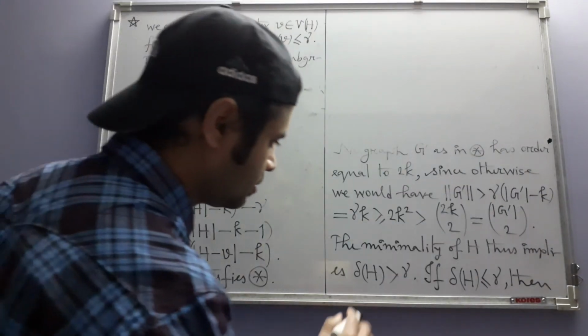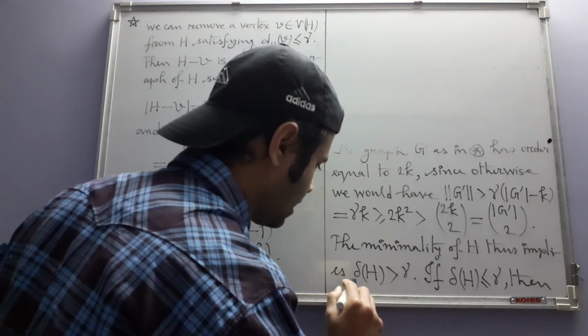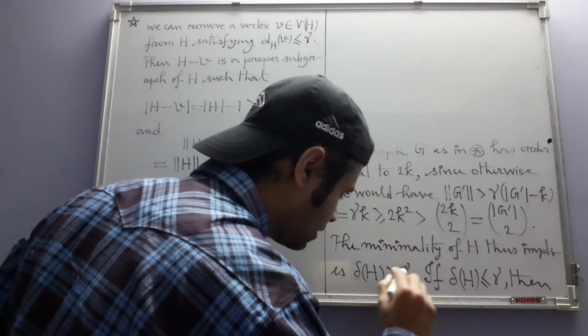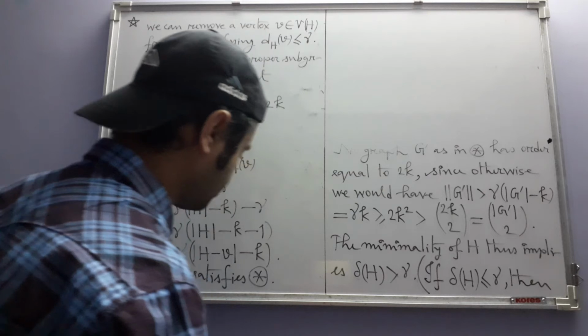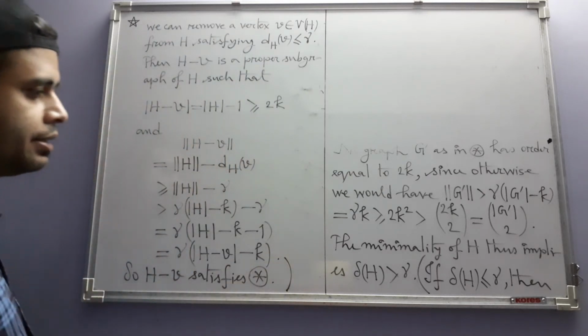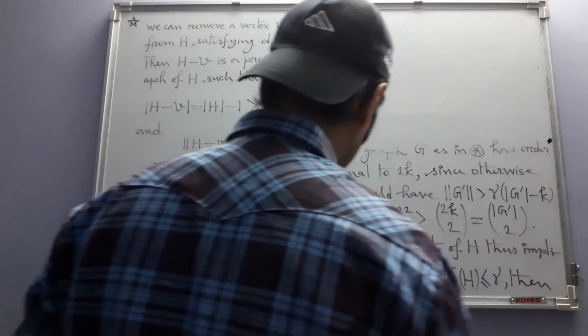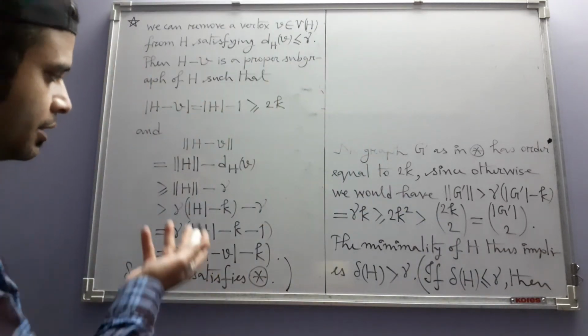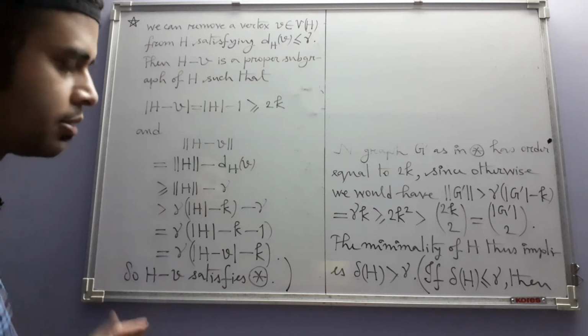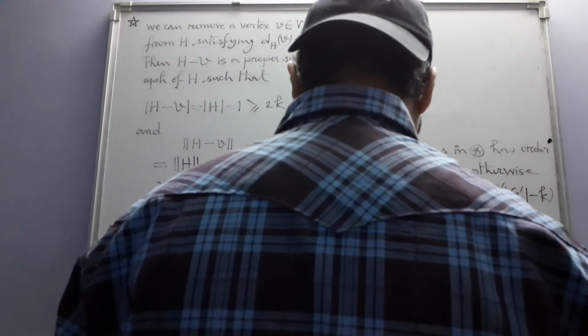In fact, as a justification of this line, this is the justification, no? So you can keep this entire thing within brackets. It's not there in the text, but it is something that can be verified so easily, so the author has left it to us.